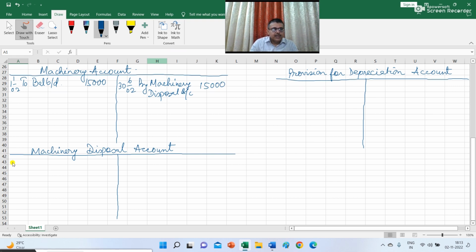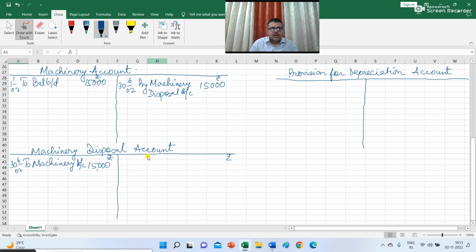In the machinery disposal account, I have to transfer this figure and write here to machinery account 15,000.